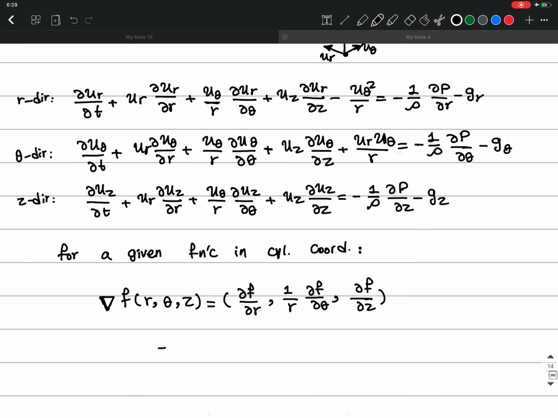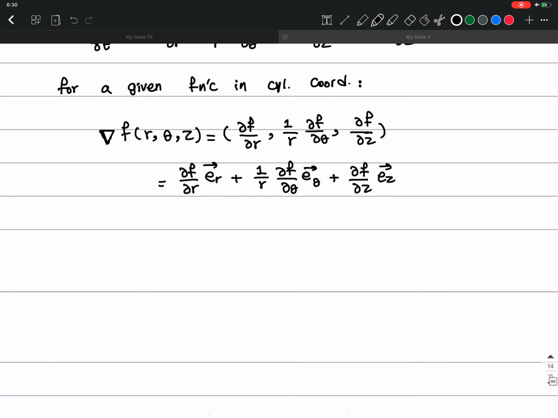Or in other words, if I want to write it in vector form, it's going to be partial f over partial r er plus 1 over r partial f over partial theta e theta unit vector plus partial f over partial z ez. Okay, these are like i, j, k in the Cartesian coordinate.